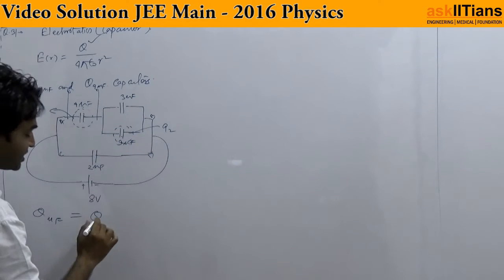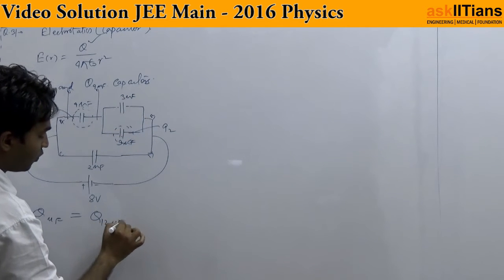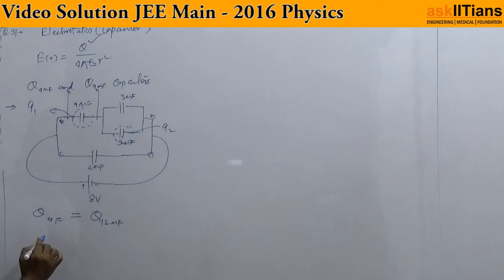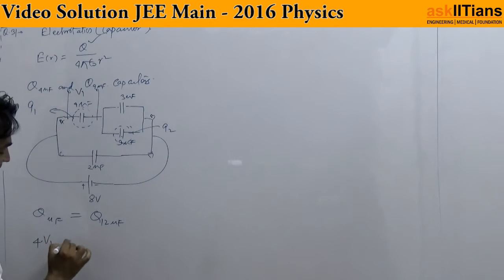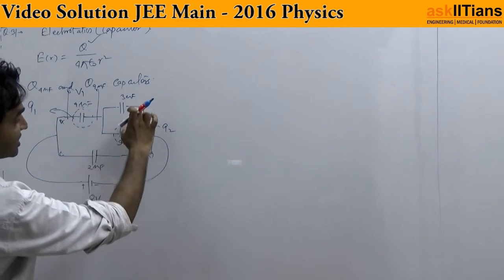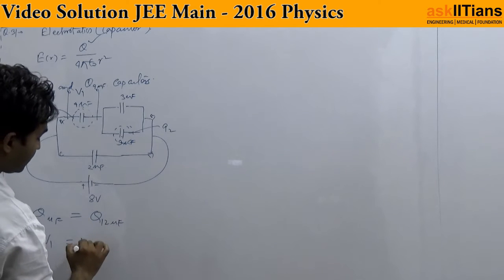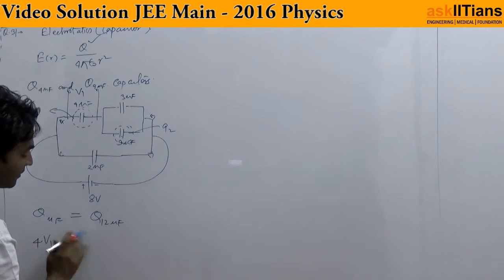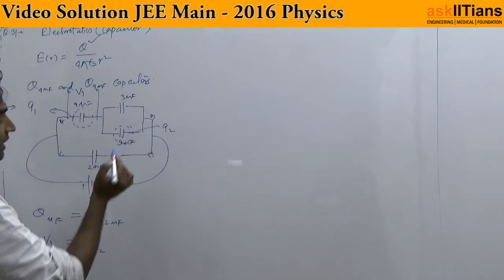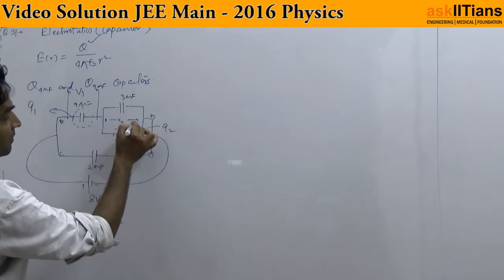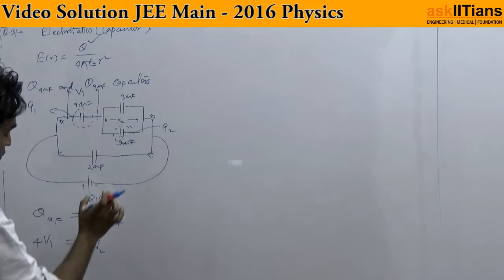So 3 plus 9 is 12 microfarad. The charge is 4 into the voltage drop, say V1, which should be equal to 12 microfarad into V2, because we want to find the charge across this one.